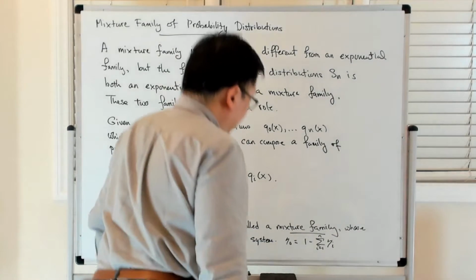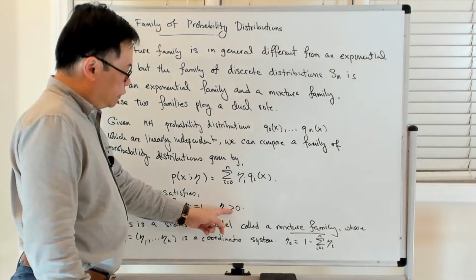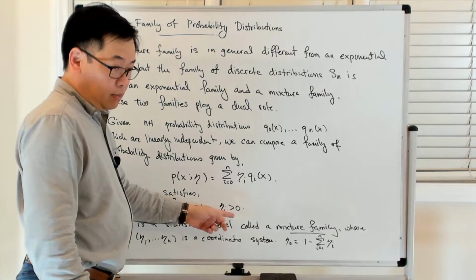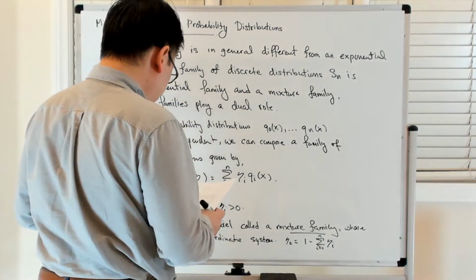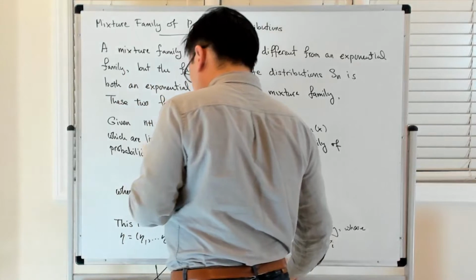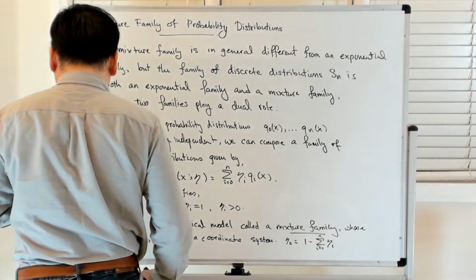Sometimes you consider the closure of this family, where instead of just being positive, you allow the etas to be non-negative, right?